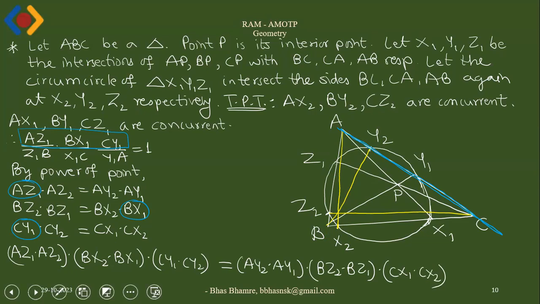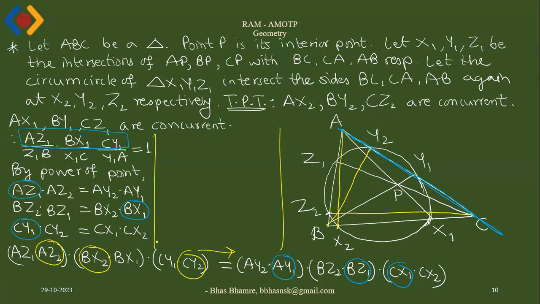Now we are going to shift BZ1, CX1 and AY1 on this side, and we are going to shift AZ2, BX2, CY2 on that side.